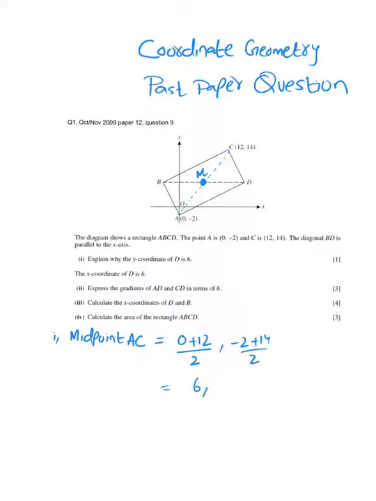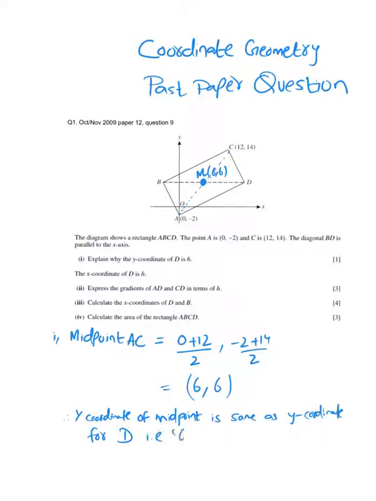Since BD is a horizontal line, you can say that the y coordinate of the midpoint is the same as the y coordinate for D, that is 6.